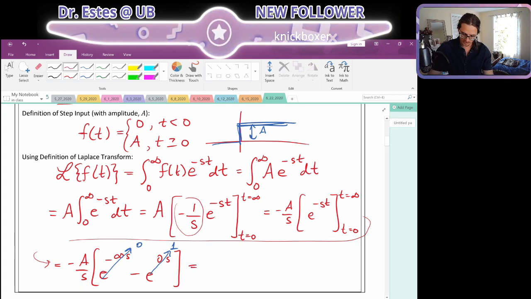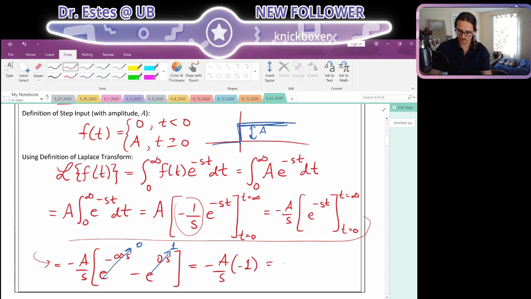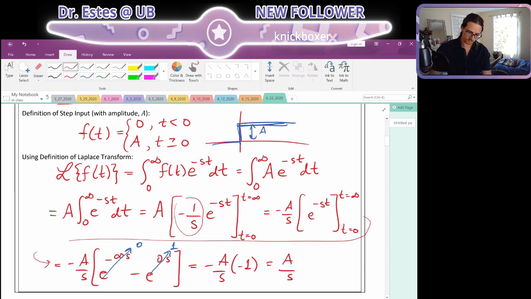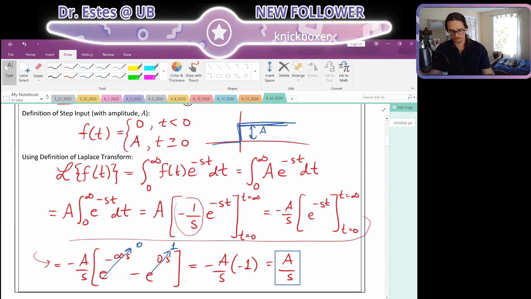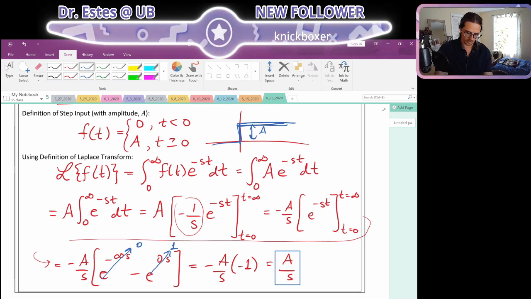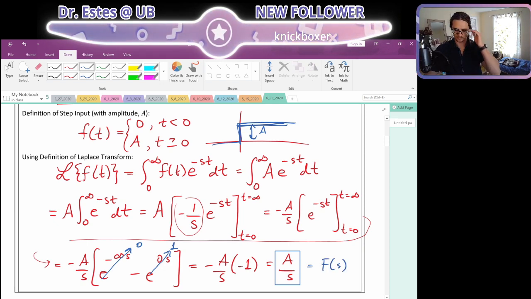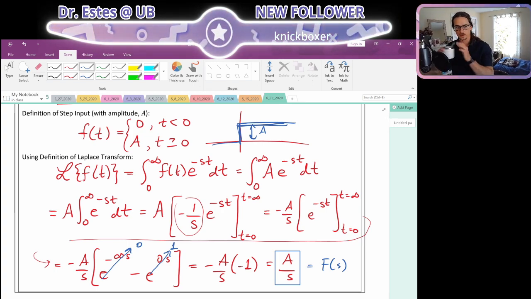So I just have minus 1 times minus A over s, so I get A over s. So if you take the Laplace transform of a step input with amplitude A, you get A over s, and so this is a function of s. It's no longer a function of t, as you can clearly see.